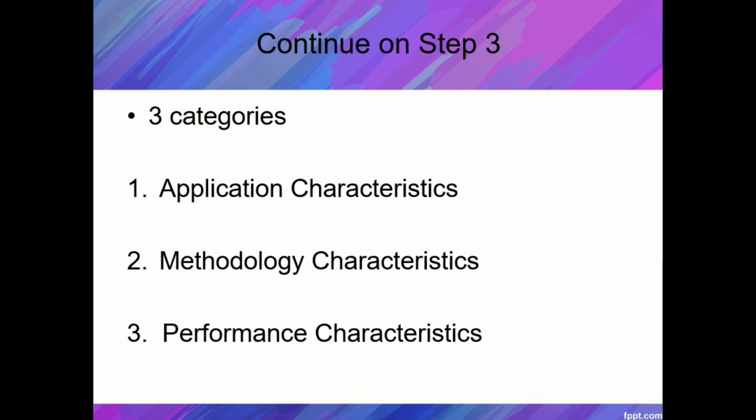And this is the continuation of step 3. There are 3 categories to select the suitable method. First is application characteristic, then based on methodology, and based on performance.